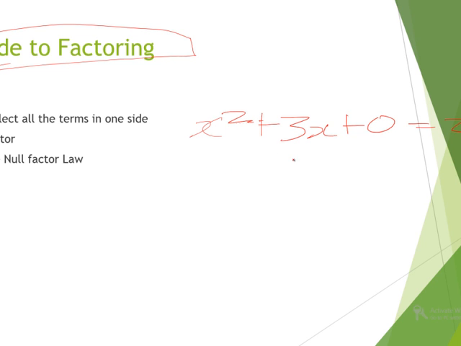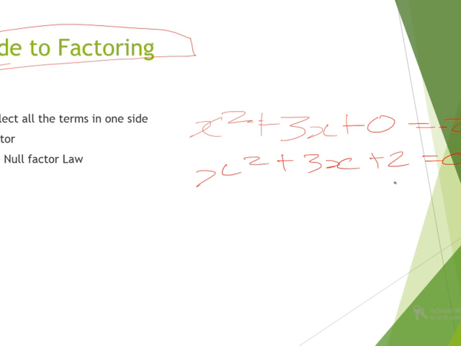Let's make this negative 2, so we should move negative 2 to the other side. So x squared plus 3x plus 2 is equal to 0. And then we should factor it.